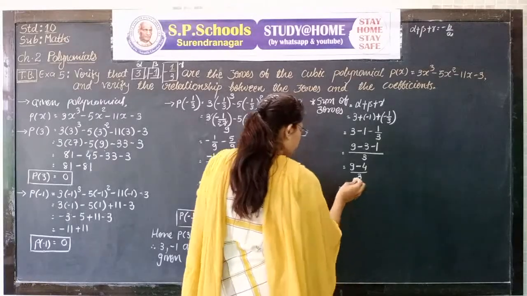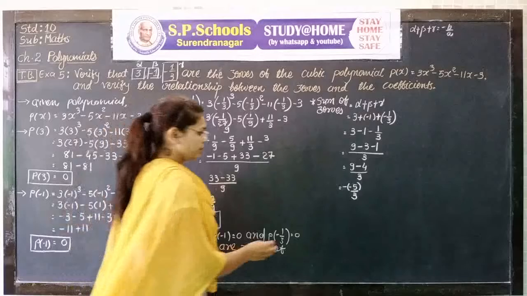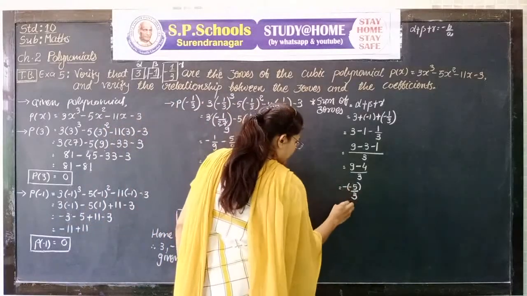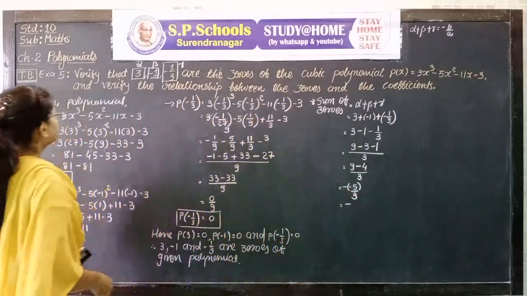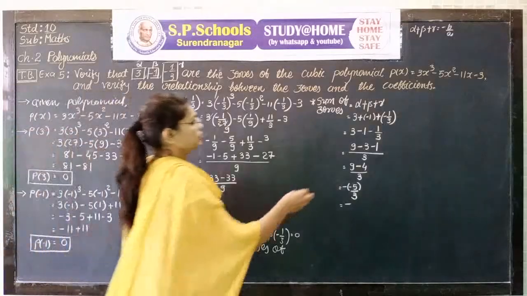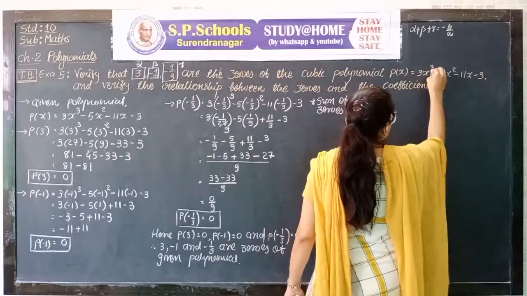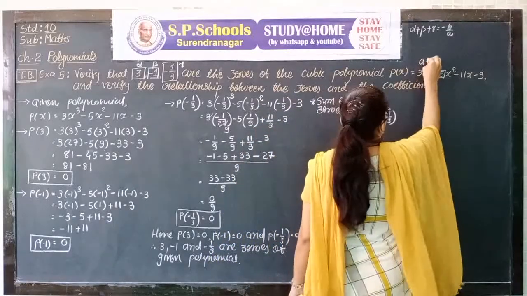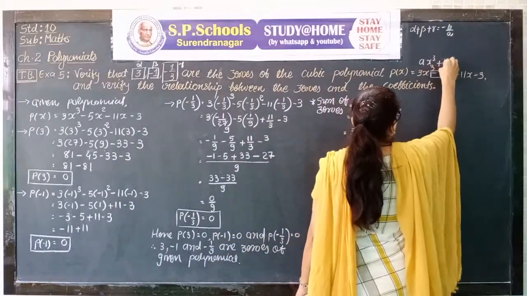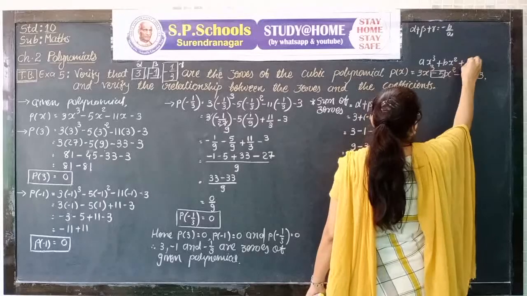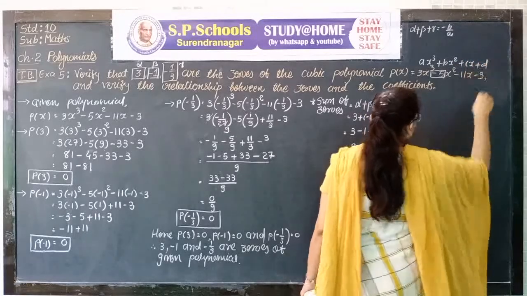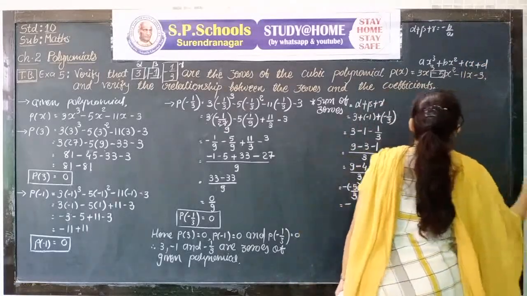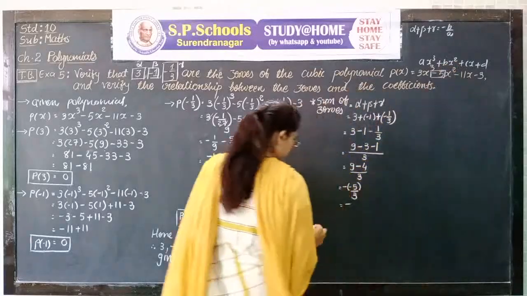Minus of minus 5 gives plus 5. Minus 1 minus as it is, but instead of minus 5, we have to write b on comparing with ax cube plus bx square plus cx plus d. Therefore, b is equal to minus 5.